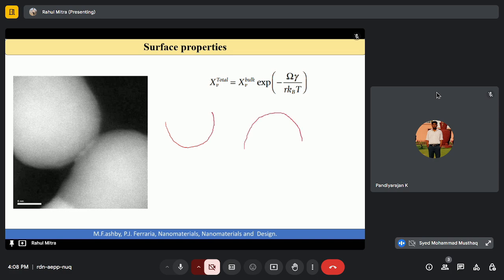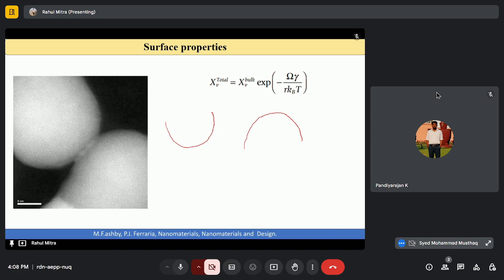How are we going to say which surface has more vacancies? We can have more vacancies in concave, or more vacancies in convex. So how exactly do we define this, and what is the relation between the mole fraction of vacancies and the curvature?